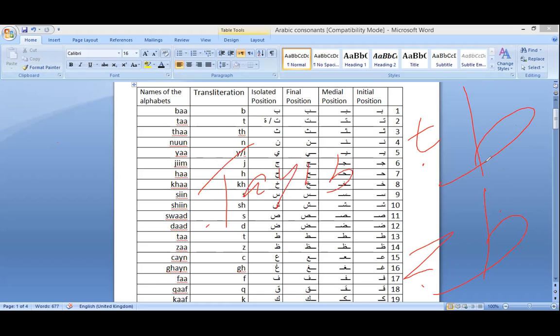How do you read this name? طيب. So this one is this one here. You say طيب, طو, right? This is, how do you read this? This is R, right?